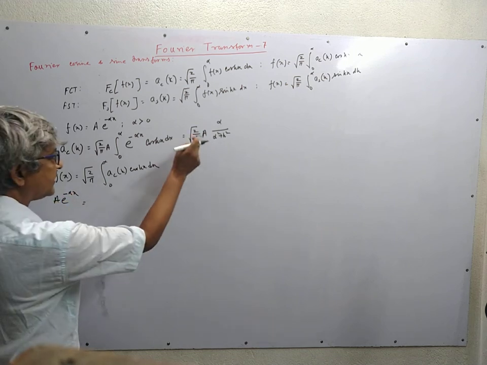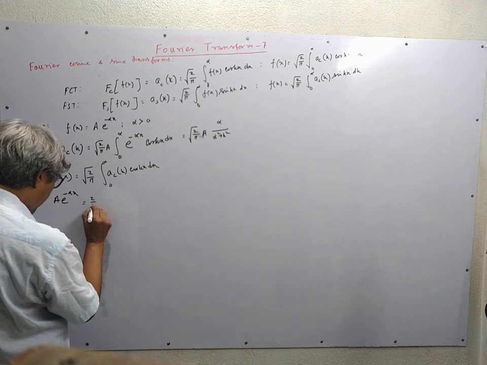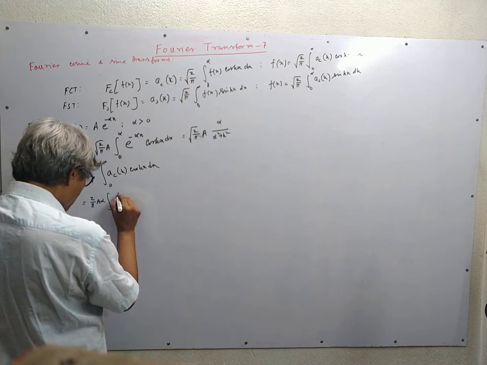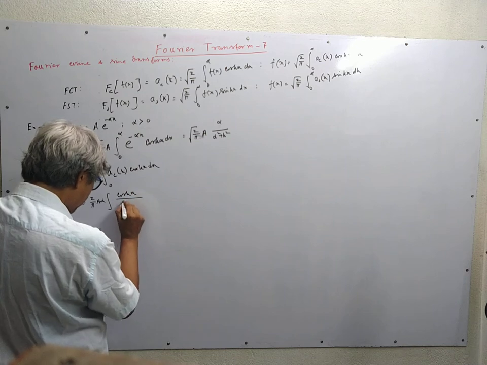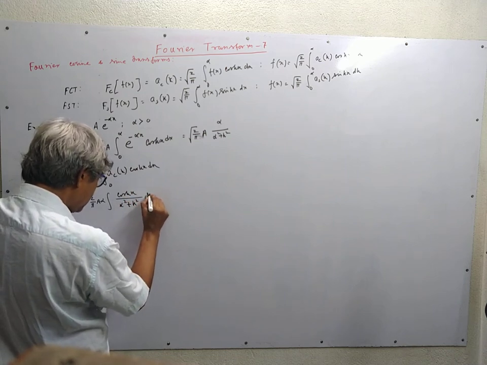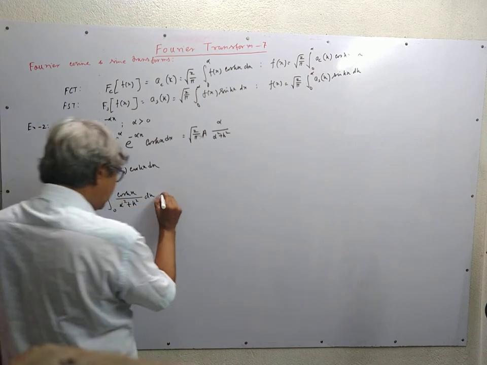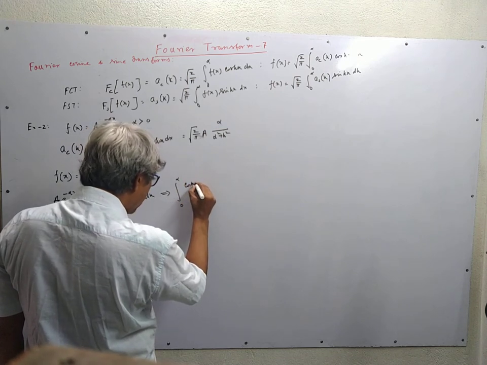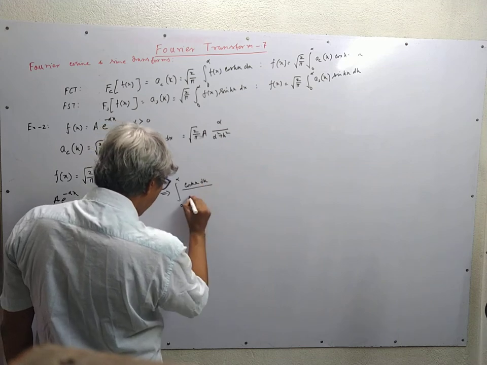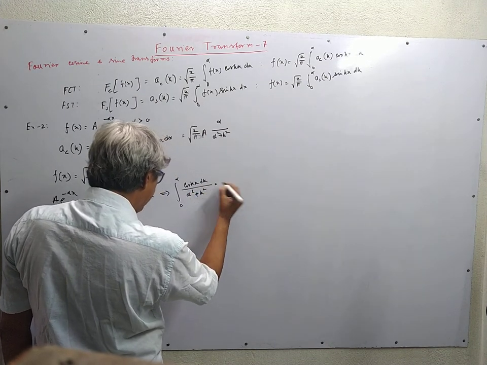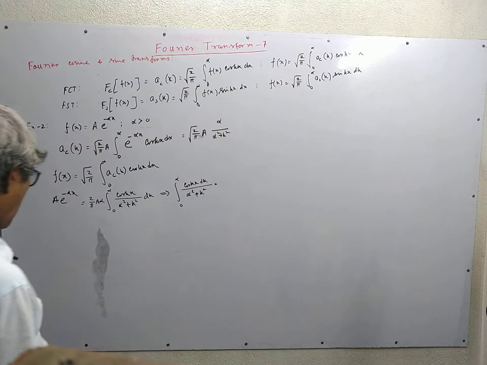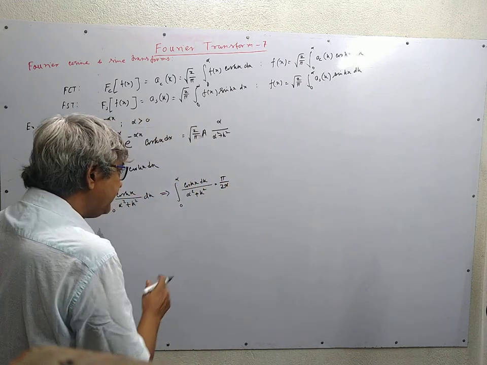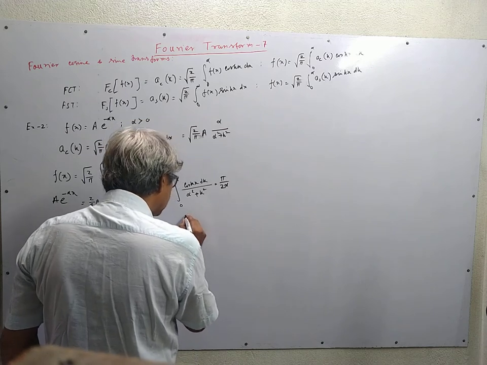And in this case, this is 2 by pi times a alpha, so cos kx dk gives us the integration 0 to infinity cos kx dk over alpha square plus k square is equal to pi by 2 alpha.